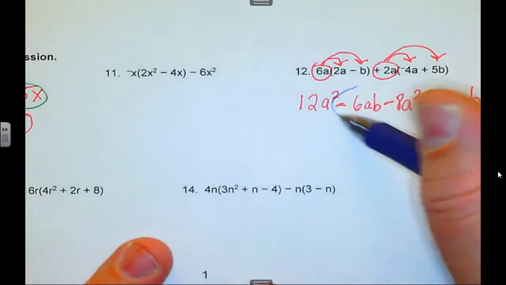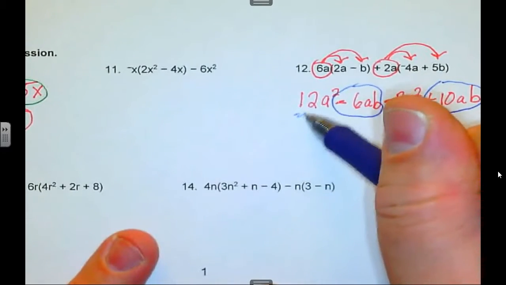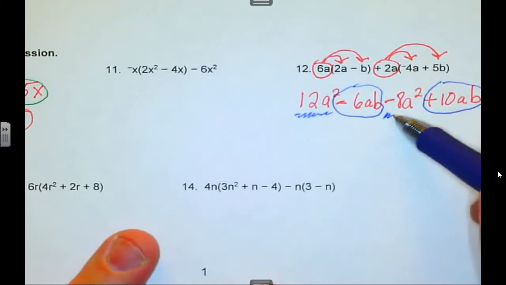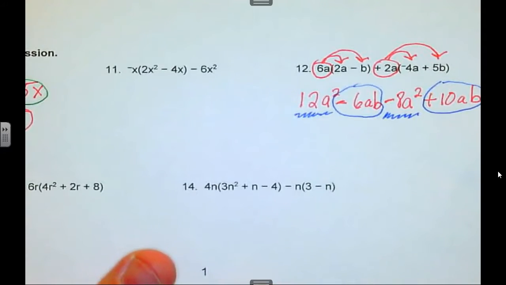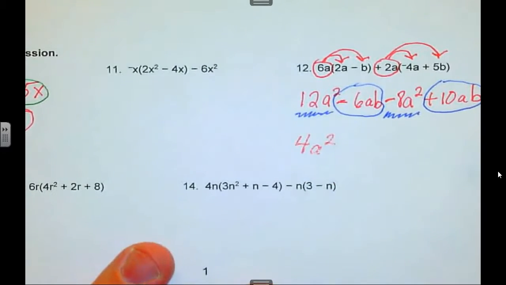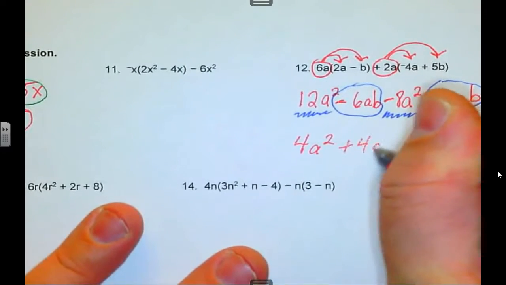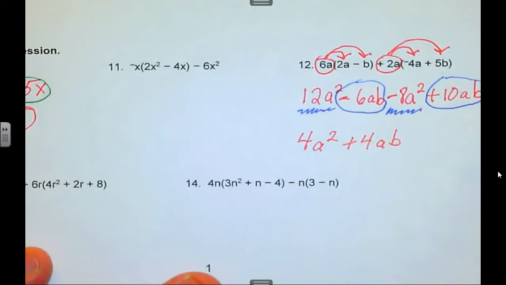Yeah, I have a minus 6ab and a 10ab. I also have some a squareds, don't I? Okay. 12a squared minus 8a squared, 4a squared. Negative 6ab plus 10ab, 4ab. That's it.